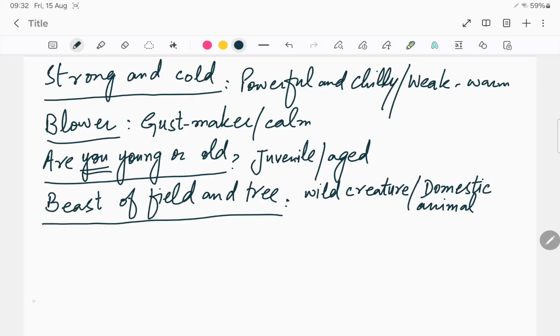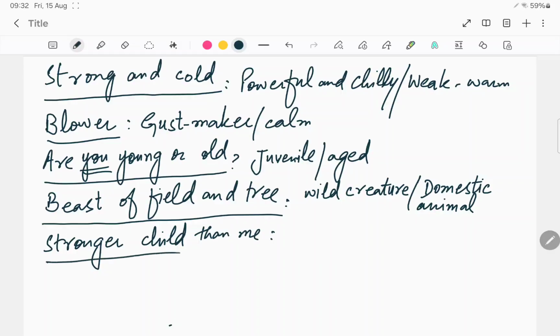We have come just to the last of our words, or I believe just one more word can be discussed. Stronger child than me. Again, as I told you, previously we said, are you younger or older?